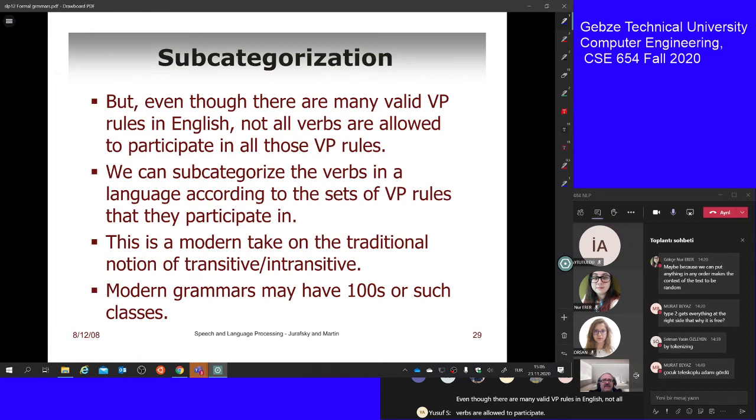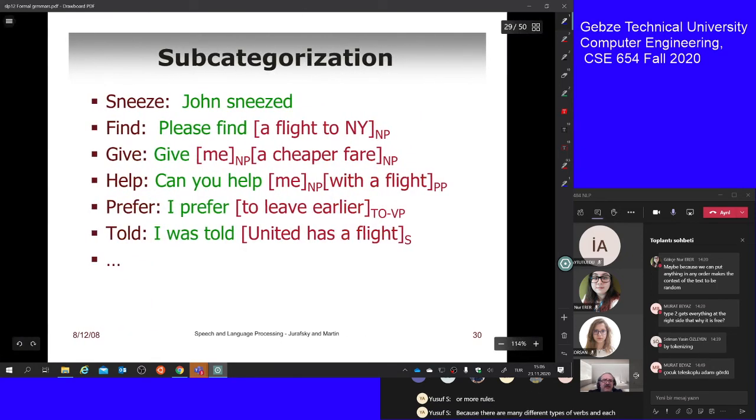We subcategorize those verbs, and using those subcategorizations, we produce hundreds or more rules, because there are many different types of verbs, and each verb might behave in a different way.